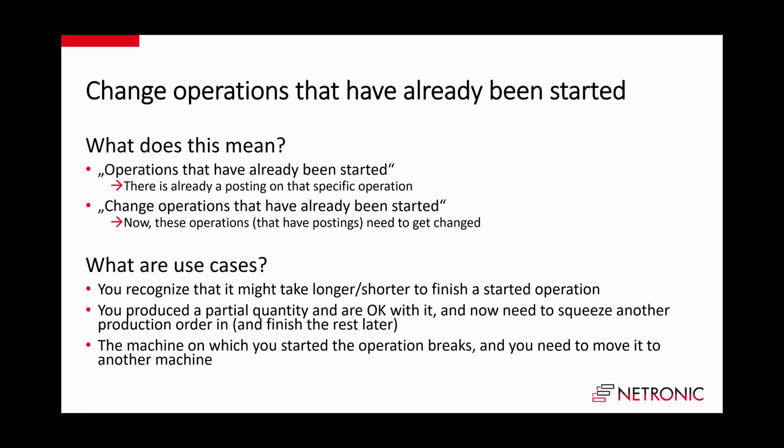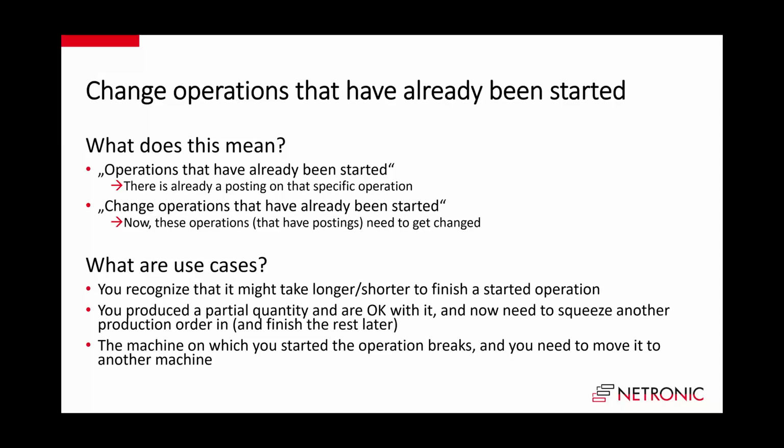And what are these reasons? Well, the one reason is that you or your customer recognize that it might actually take longer or shorter to finish a started operation. So initially you planned to finish it in 8 hours, and now it is running. You have 25% completed, but the guys from the shop floor tell, well, you know what? We will need 7 hours still.